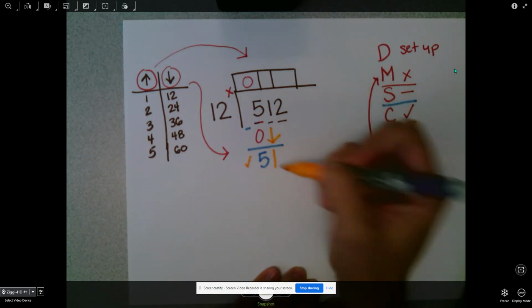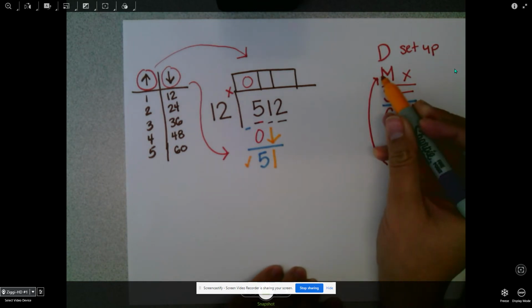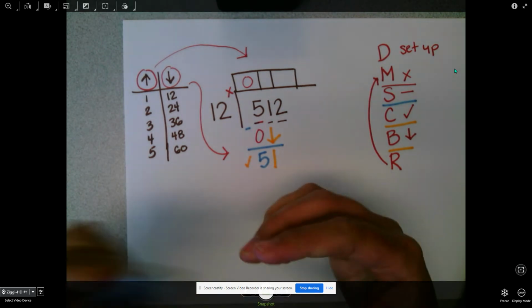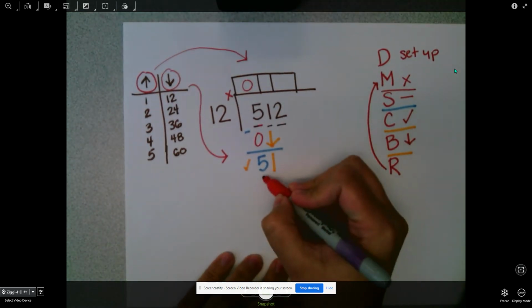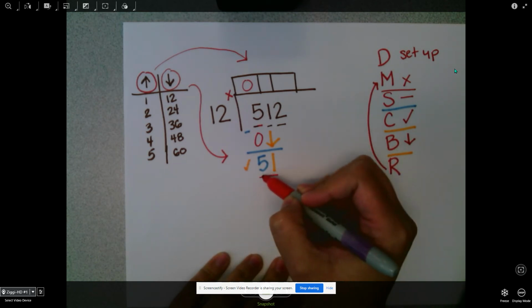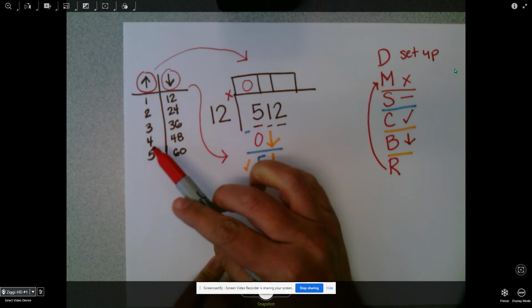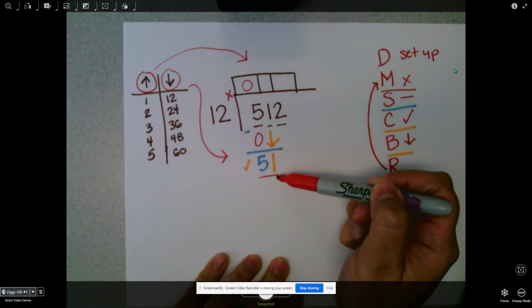And I bring down 51. And then I'm going to repeat all of my steps again, and I'm going to use my top and bottom numbers. This is my new bottom number, 51. And I'm going to look for a 51 on my tops and bottoms chart, or as close to 51 as I can get.